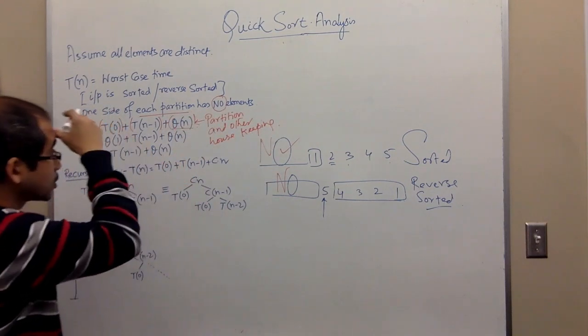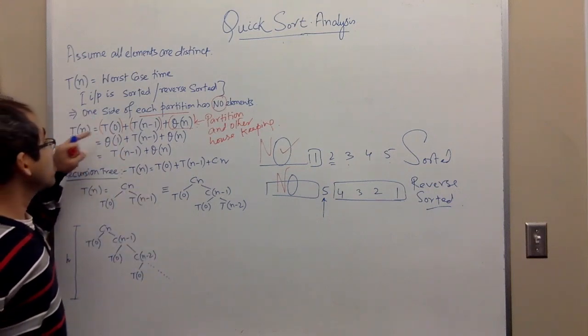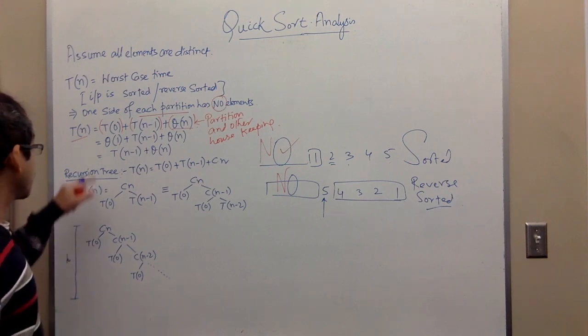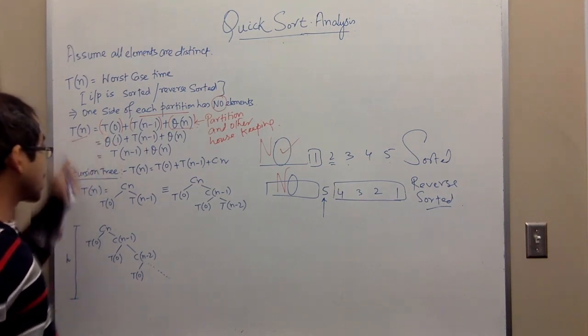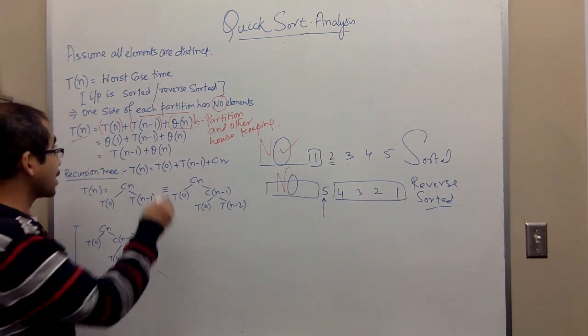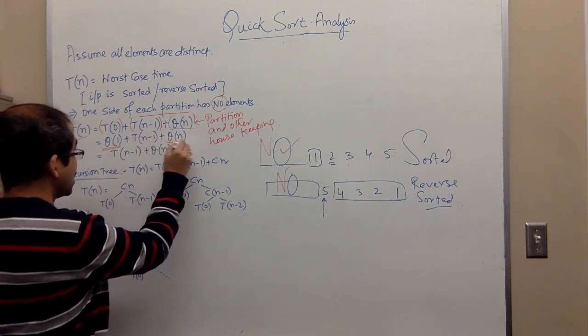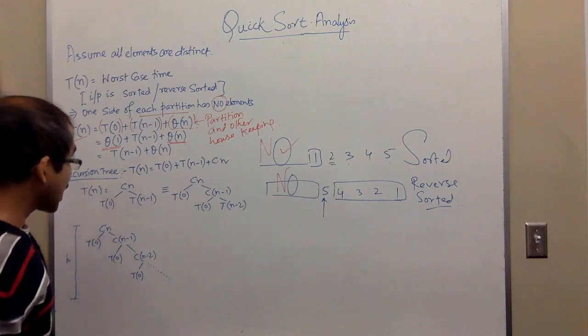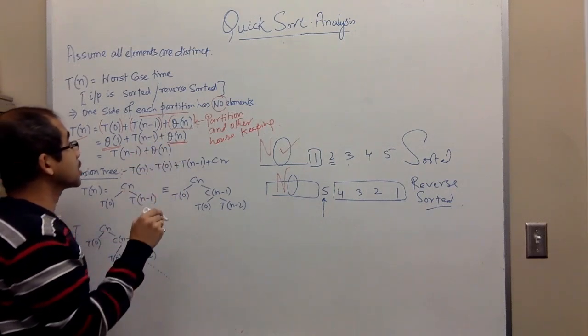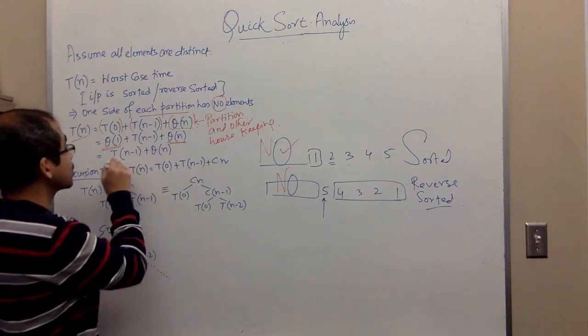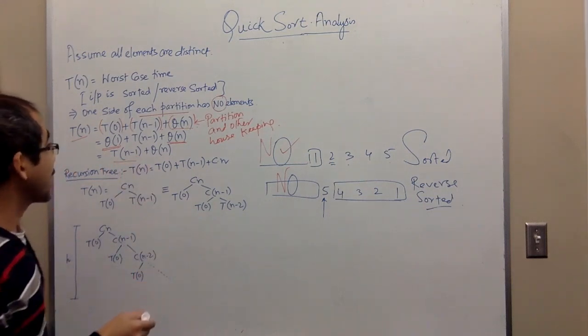T(0) is a constant time operation running on 0 input elements, so it's theta 1, and then we have T(n minus 1) plus theta n. This theta 1 can be incorporated within the theta n because that is a larger order term. So what remains is T(n minus 1) plus theta n.